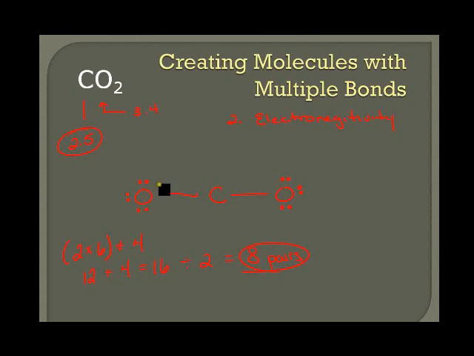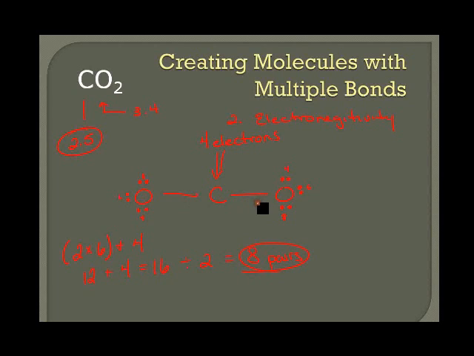So now we look. The left oxygen's happy because it has 2, 4, 6, 8 electrons. The right oxygen's happy because it's sharing these 2, 4, 6, and 8. But our carbon atom in the middle is not happy. There are now only 4 electrons around it.